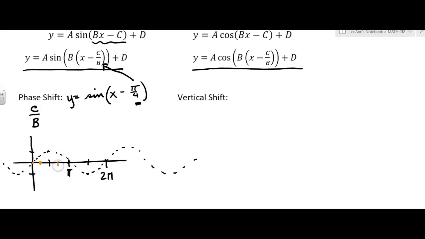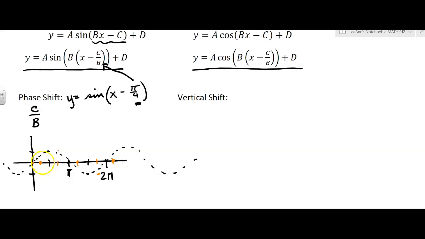And then the point that used to be at 1 is shifting over pi over 4. And the point at pi is shifting over pi over 4. And then the point that used to be at 3 pi over 2 is going to shift over here. And then the point at 2 pi would shift over pi over 4, which is going to be about there.